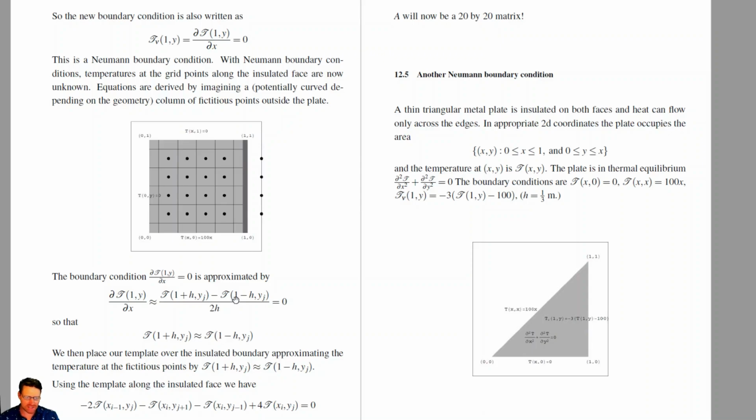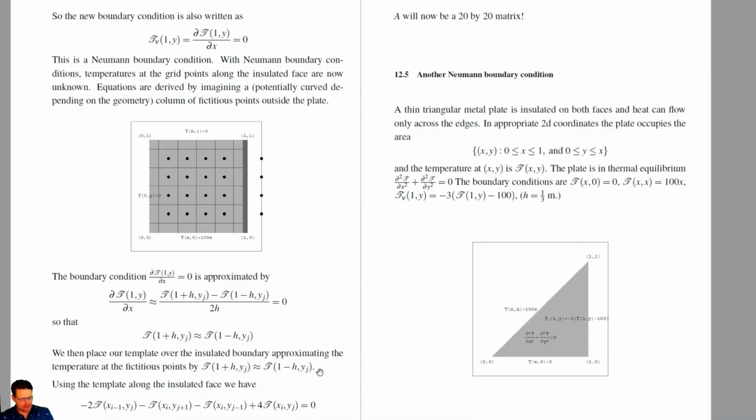Because we have 1 - h, which would be here, and then 1 + h, which would be out here outside the plate, the fictitious point. So we may apply our template that we got earlier from Laplace's equation. We may apply it along the boundary, but whenever we have to take in a point that's outside the plate here, one of the fictitious points, we replace that variable value by this point inside the plate.